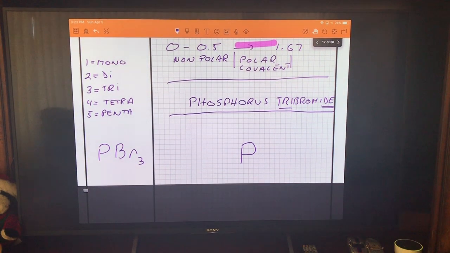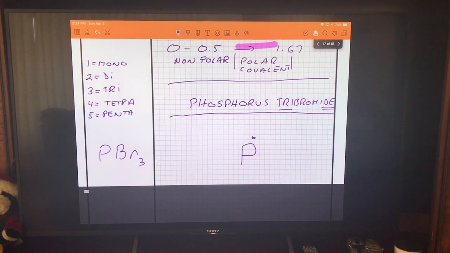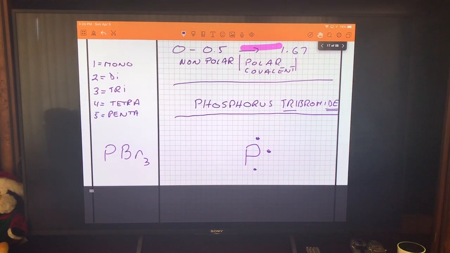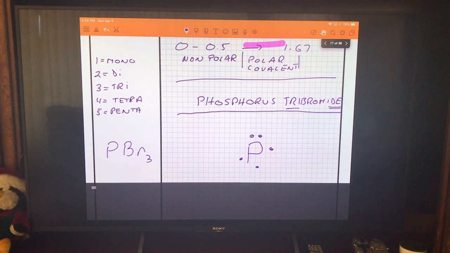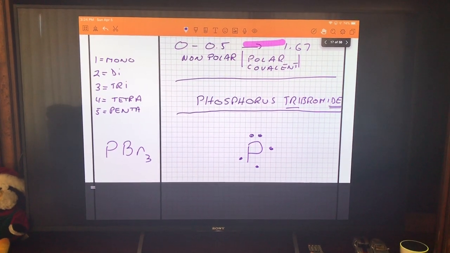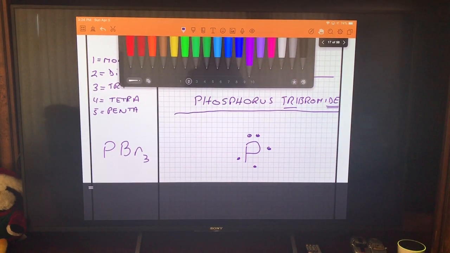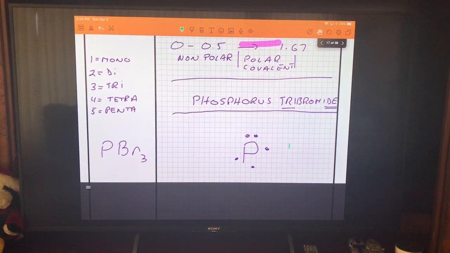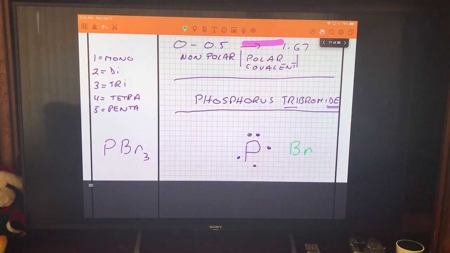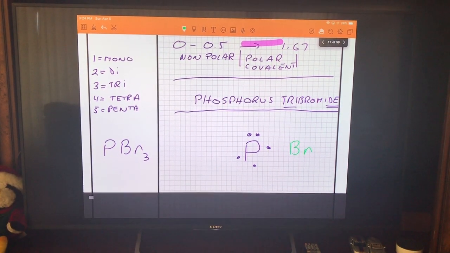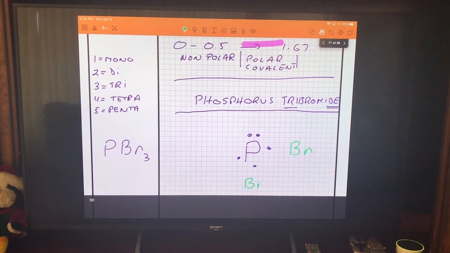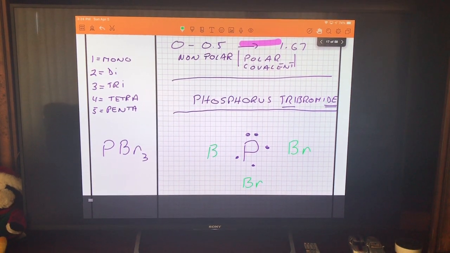So the phosphorus, 1, 2, 3, 4, 5. And then we'll write in the bromines. I'll get a different color to do those. We'll use some green today. So bromine, bromine, and bromine.